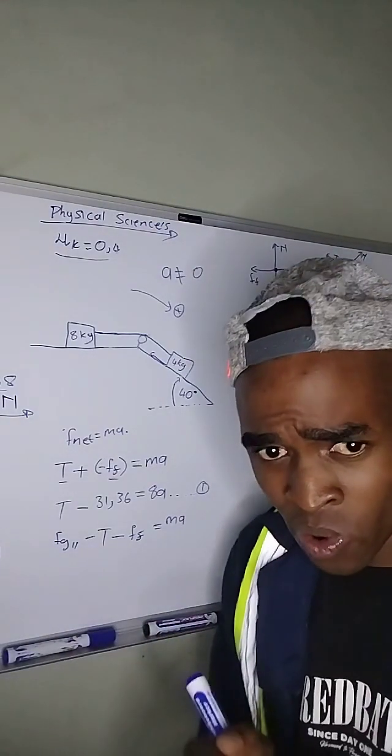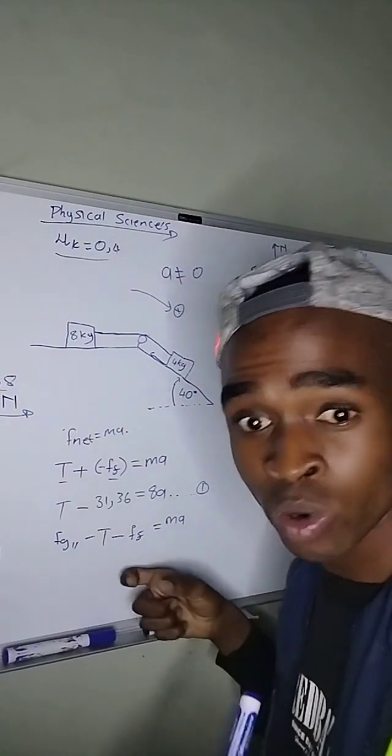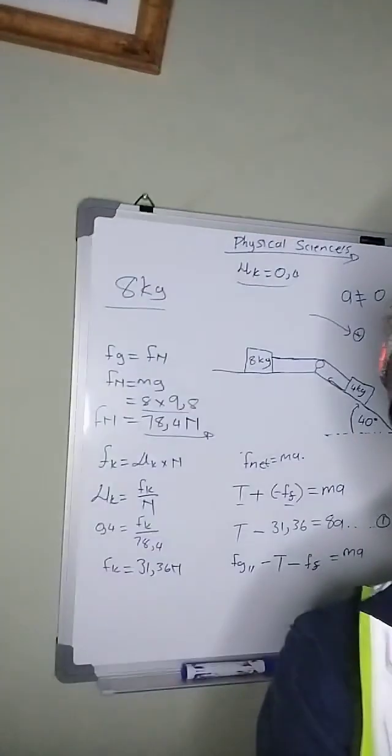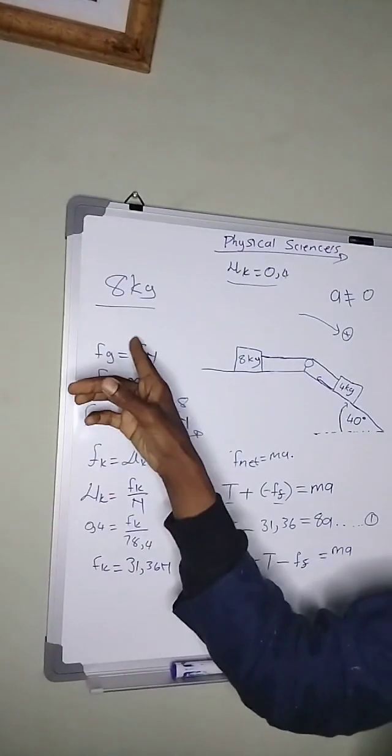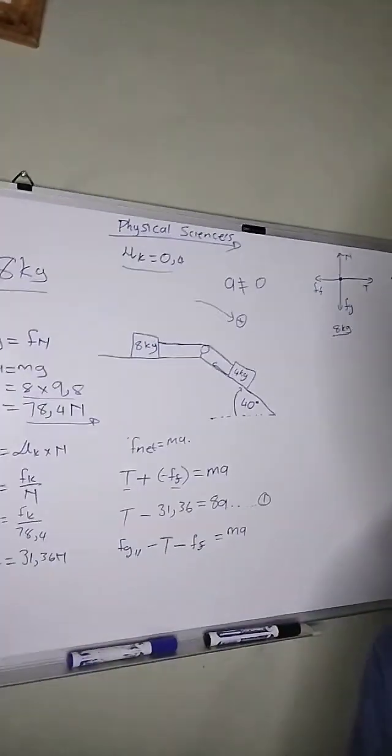Now, we are worried. We didn't calculate this friction. Because we see over here, we dealt with the 8 kg, but we are going to deal with the 4 kg.